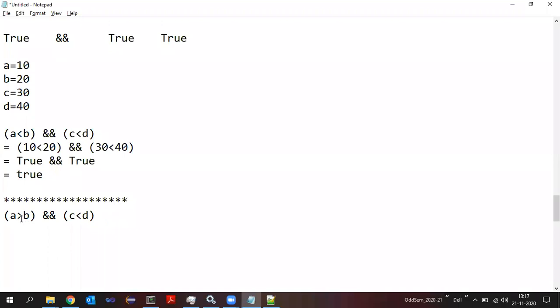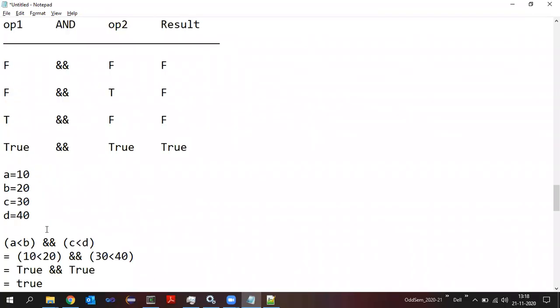A greater than B, so what will A greater than B result in, true or false? What is the value of A? 10. B is 20. Is 10 greater than 20? No, it is false. Whenever you see a false value in the logical AND, definitely the answer is going to be false. That you have to remember.